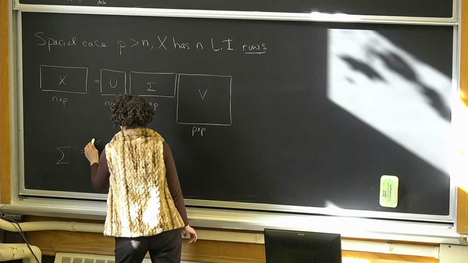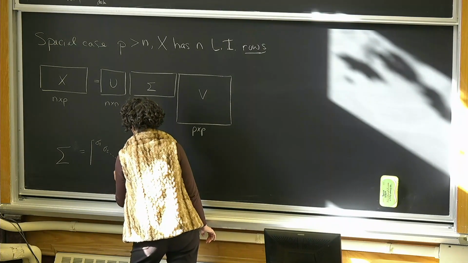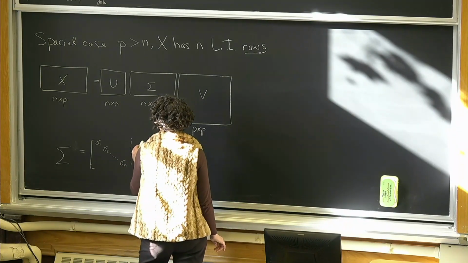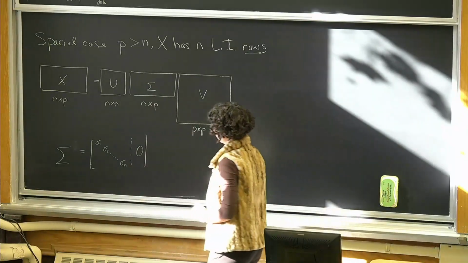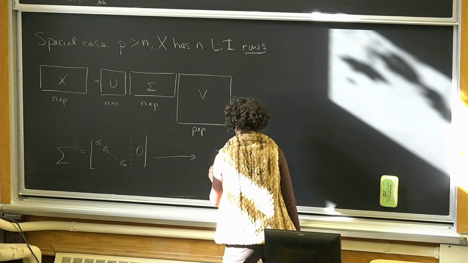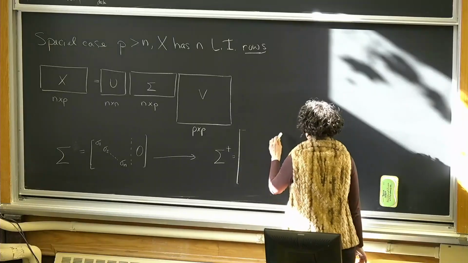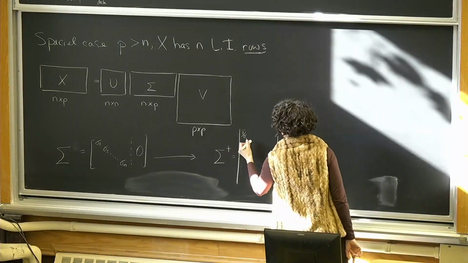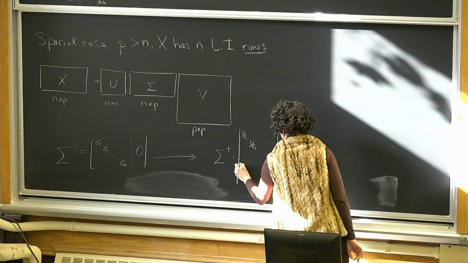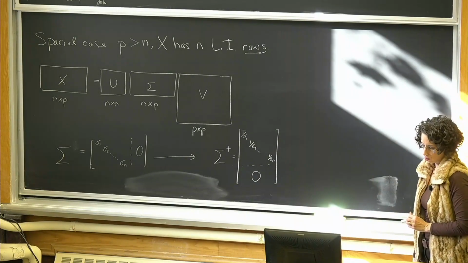It's going to have entries sigma 1, sigma 2, all the way down to sigma n. And then the remaining p minus n columns will all be equal to 0. And so now if we were to compute the pseudo-inverse of that, then what I will have is something that's p by n. So I'm going to have 1 over sigma 1, 1 over sigma 2, all the way to 1 over sigma n, and then all zeros. So this is my pseudo-inverse.